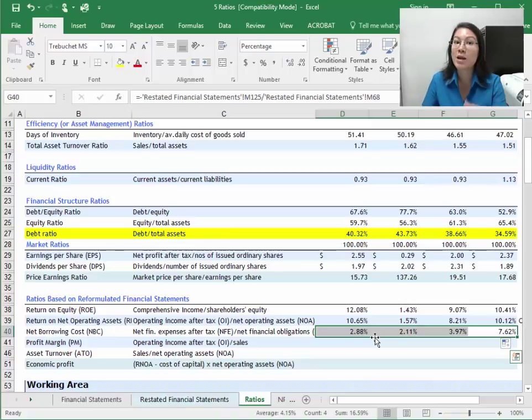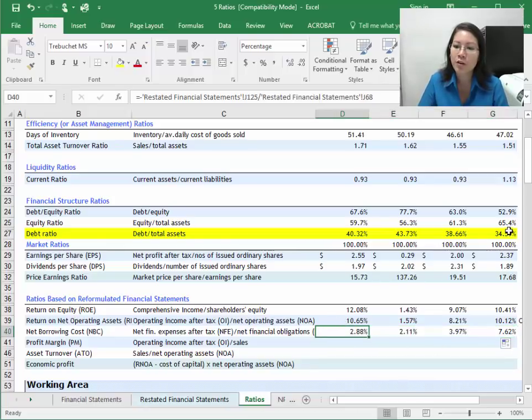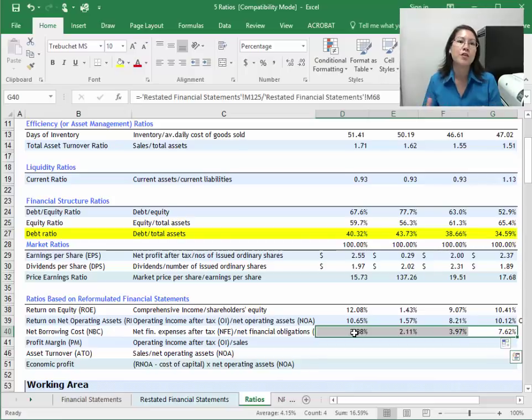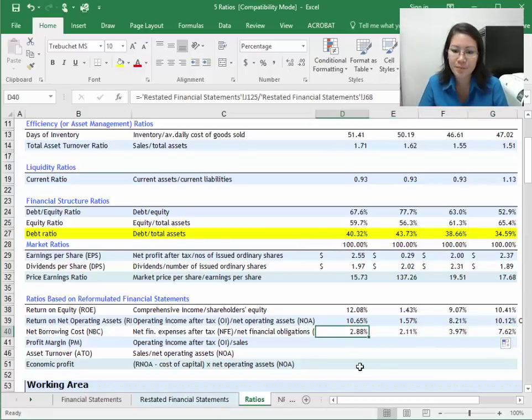It appears that they're finding some sort of good source of financing where it's actually decreasing the cost of their loans. So it might warrant further investigating, but it's looking like the cost of those loans actually are quite serviceable. This is positive.